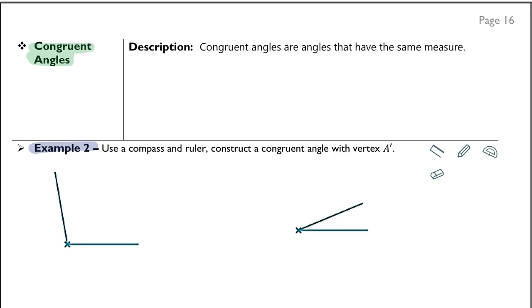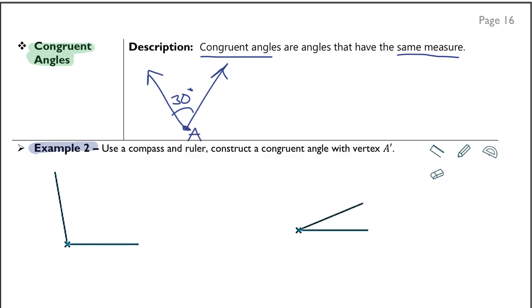We already talked about congruency. It means like the same size, the same shape, same anything. So the idea is a congruent angle is going to have the same measure. So if I just draw a random angle like this and say that's roughly 30 degrees, and let's say this is A here.